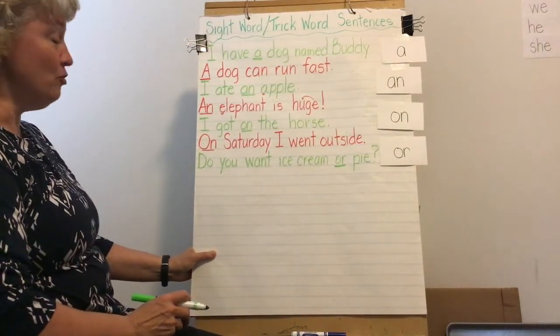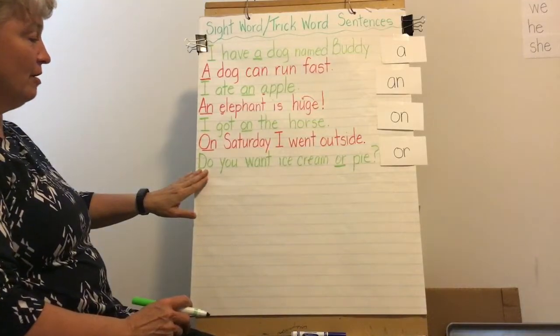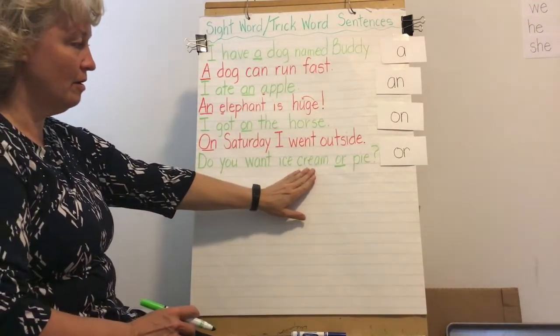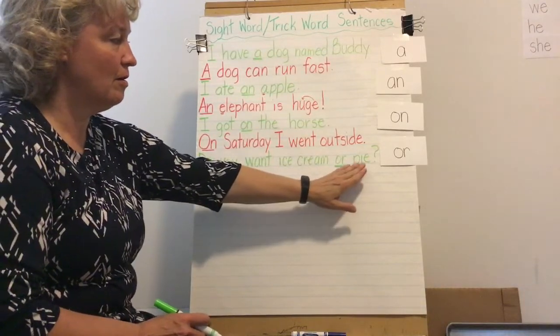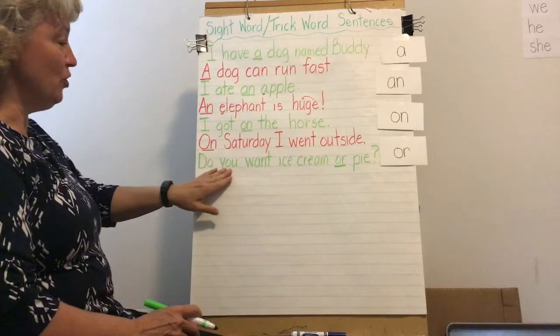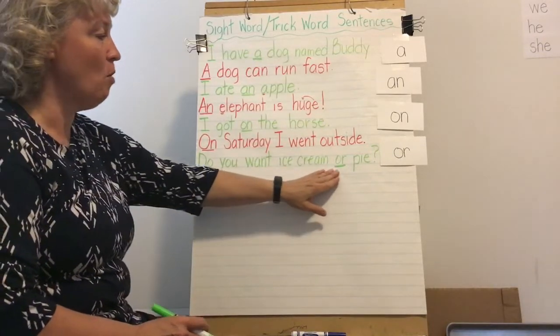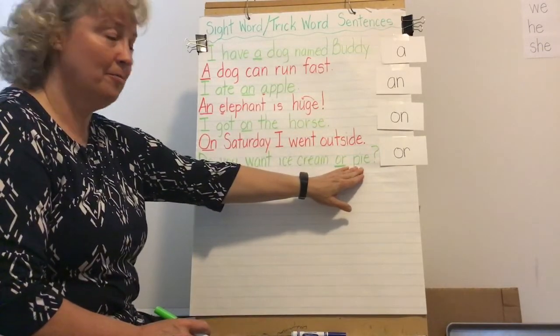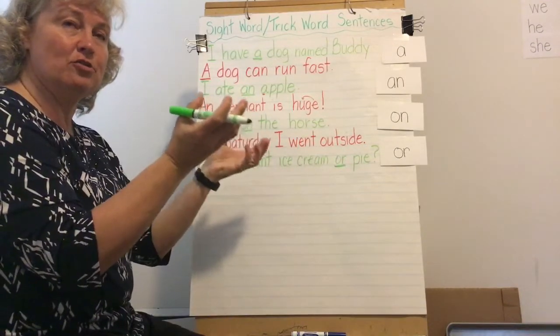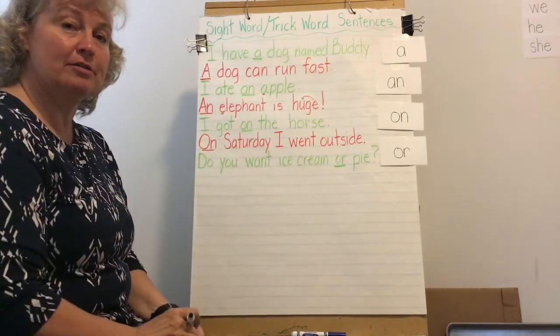So I'm going to point and you tell me what it says. All right, here we go. Do you want ice cream or pie? So when we're using or, it's usually comparing two things or asking you about two things.